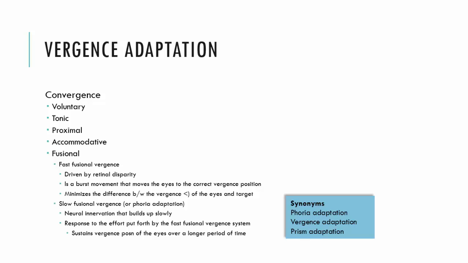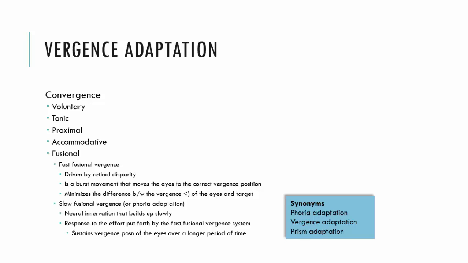Now, the output and the effort of this fast fusional vergence system then acts on a slow fusional vergence system, which adapts to fusional demand. This is what takes place in order for us to maintain comfortable BSV.